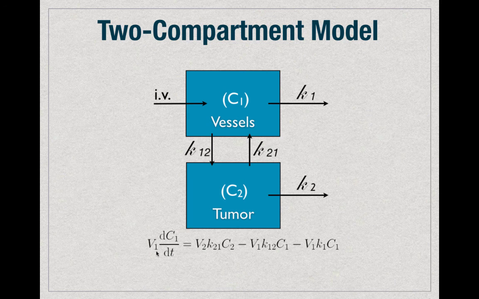The volume of the first compartment, V1, times dC1 over dt, equals the volume of the second compartment times K21, the amount of drug being taken away from the second compartment, times the concentration in that compartment at a certain time, minus V1 times K12, what's leaving that compartment, times the concentration that started there, minus V1 times the elimination constant times the concentration C1.